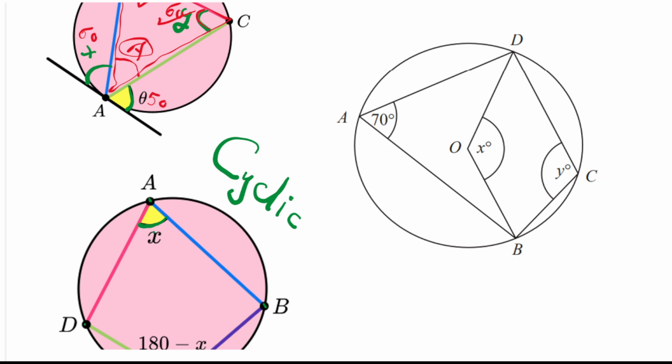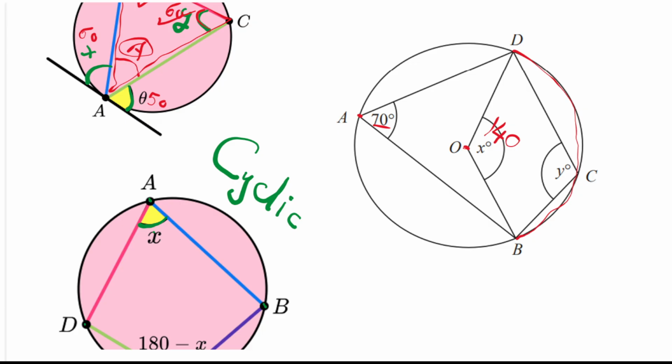I'll first use the central angle theorem. Do you remember? If you have two angles, one in the circumference and the other one in the center, and they are sharing the same arc, the central angle is double of the circumference. So if this is 70, x is double of 70, so it's 140. You got it.